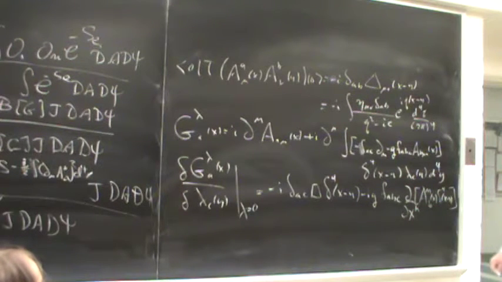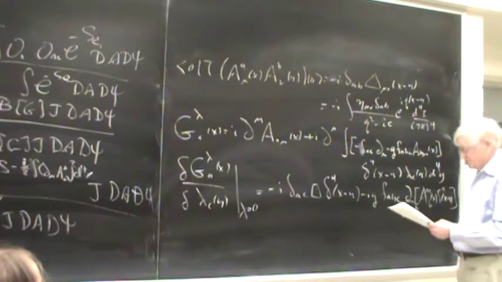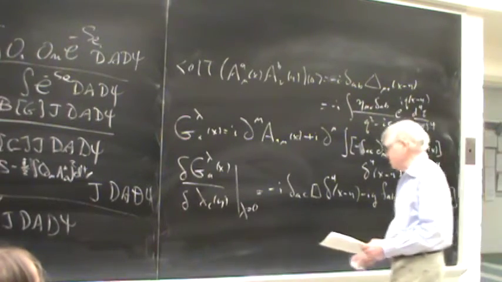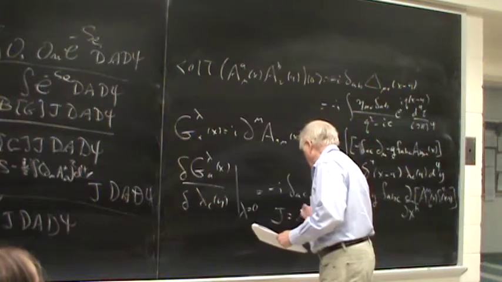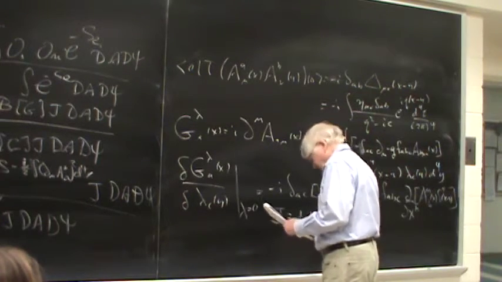There. So that's that, and now what we need is the determinant of that. So J is just the determinant of ditto.